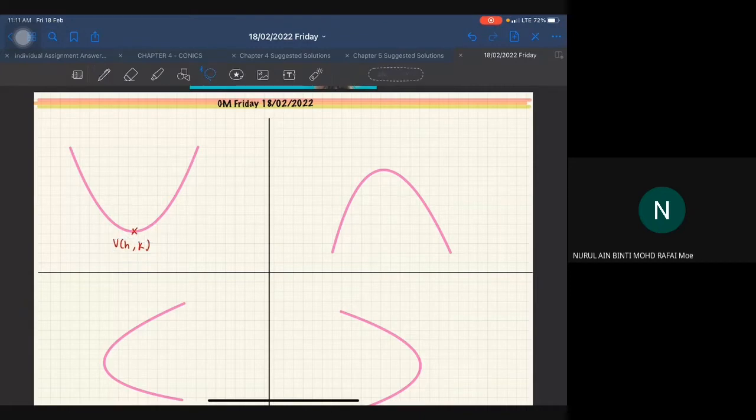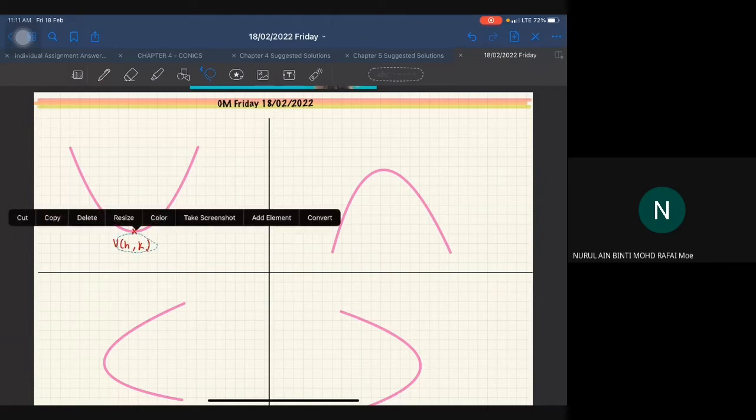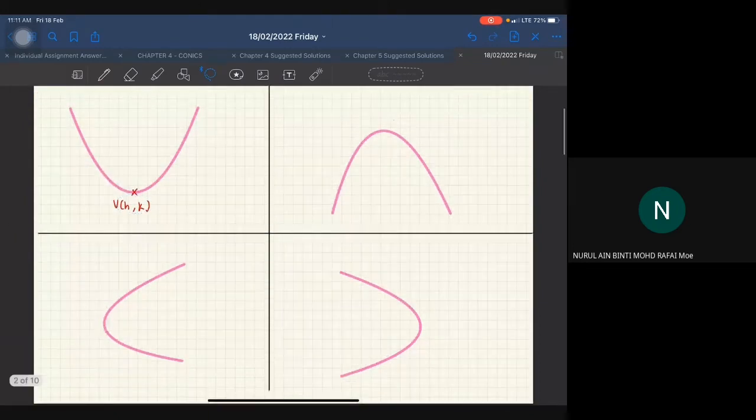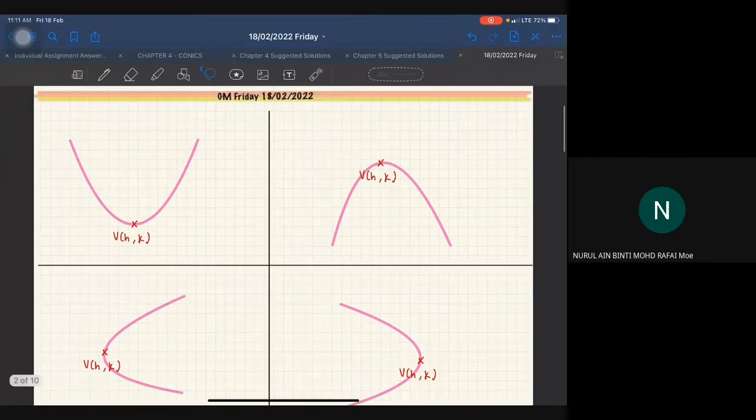Okay, so kalau untuk yang pertama ni, vertex dia dekat situ. So kalau untuk yang lain-lain, vertex still akan duduk pada turning point, dekat hujung sini. Lepas tu yang ketiga dekat sini. Yang keempat dekat sini. Okay, so settle untuk vertex. Alright, and then what do you need to know next is kedudukan foci dia.